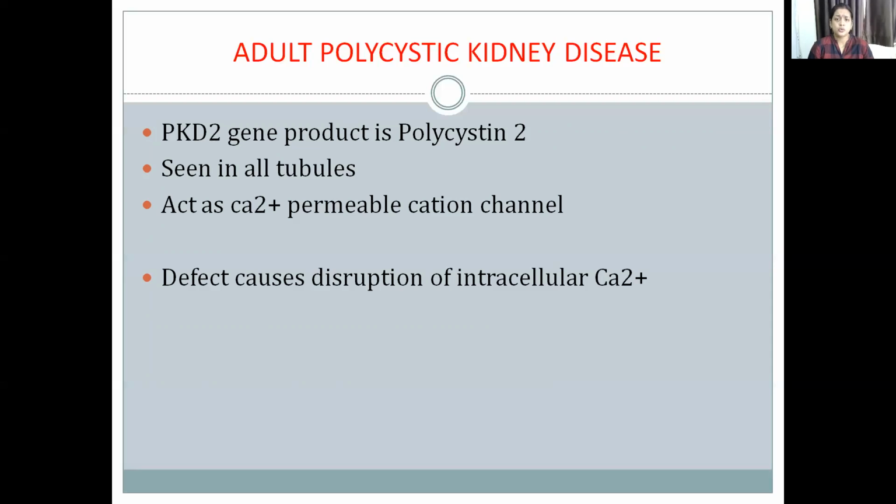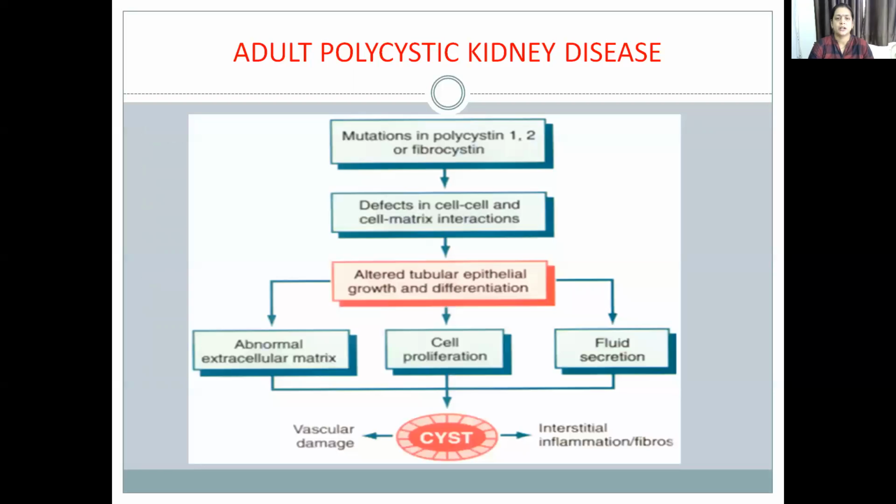So this defect causes disruption of the intracellular calcium. We are seeing two genes responsible. One is associated with cell-to-cell and cell-to-matrix interaction, the polycystin 1. The polycystin 2 is in all the tubules, which is associated with the functioning of the calcium channel. So this is the pathogenesis: either a mutation in the 1 or 2 gene with lost matrix interaction.